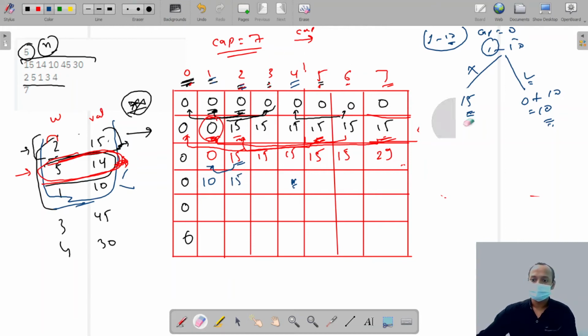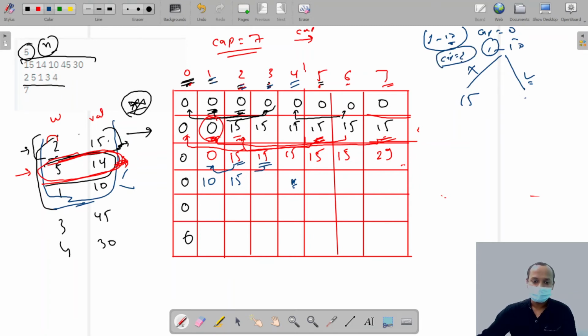Now see again. If we exclude this item, meaning we don't put it in our bag, the capacity is 3. We get the whole capacity, and in this capacity we can generate 15. So I'm writing 15. And if we put this item, the capacity is now 3 minus 1, that is 2.